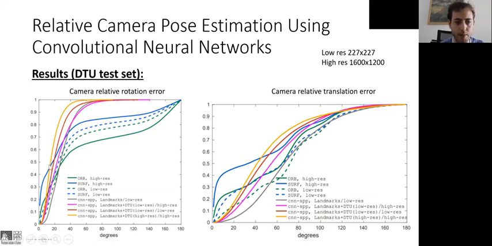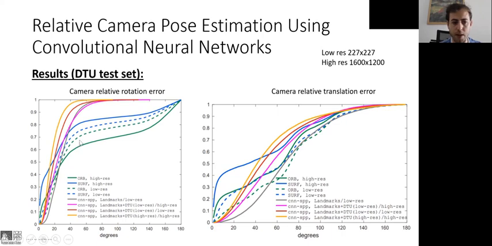And the point here means what's the ratio of cameras that they were able to regress with an error that is smaller than the x value. Okay, so I want this kind of shape to have all my points with a 0 error, but in this case you can see some pattern about the errors, some distribution for the errors.